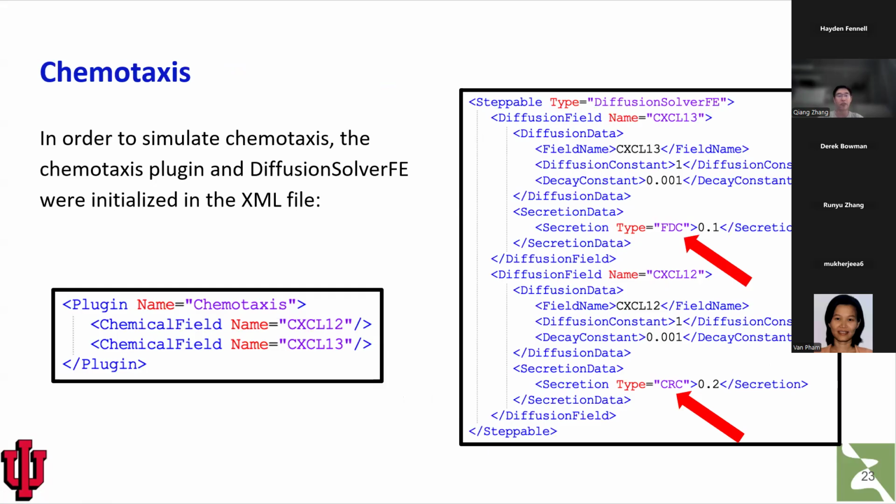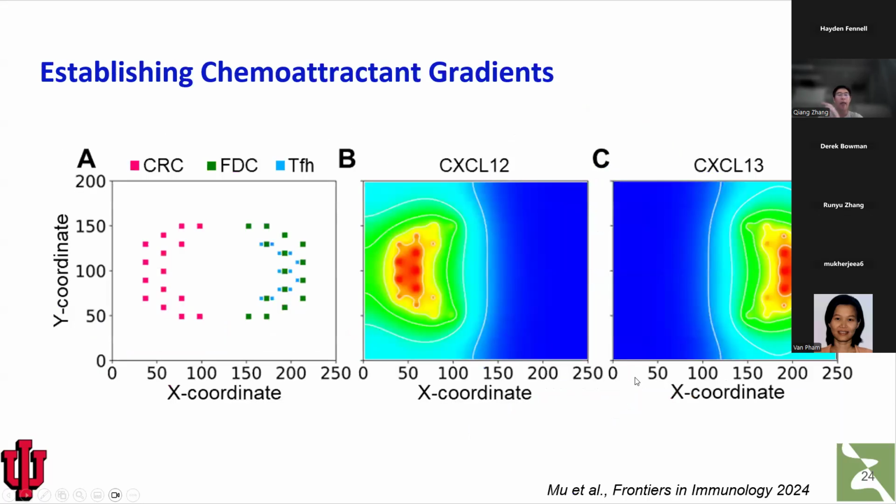The chemotaxis force here is defined in the XML file, as you see over here, for CXCL13 and also CXCL12, in addition to the diffusion constant and decay constant. We're saying that it's the FDC cells that secrete CXCL13 and the CRC cells that produce CXCL12.